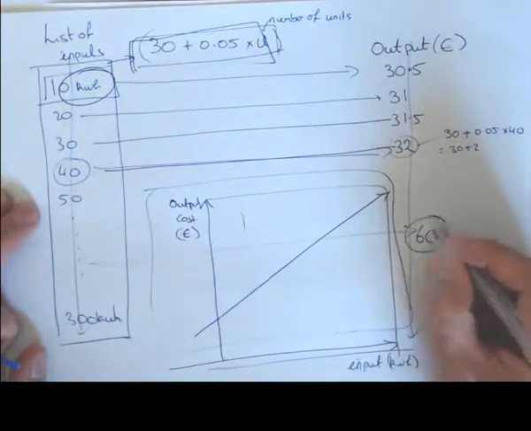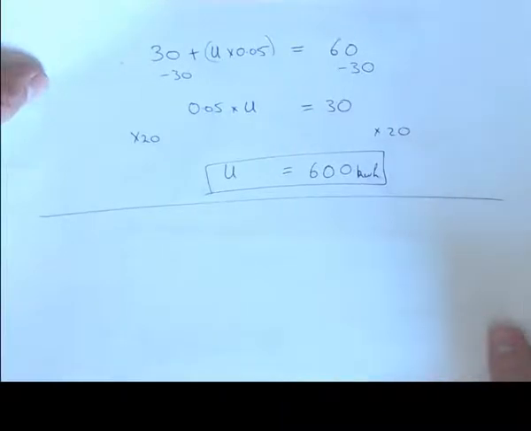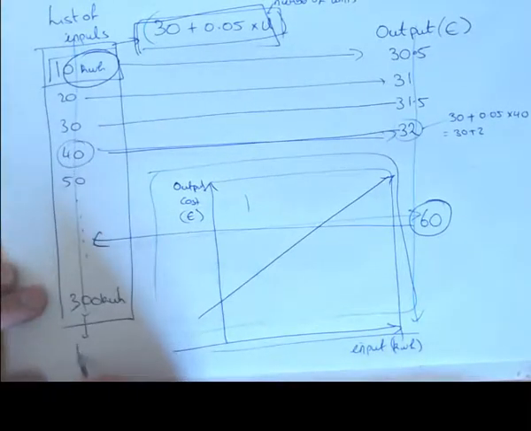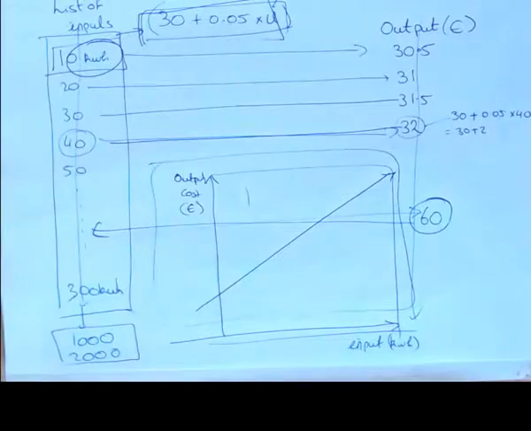We can look at the output 60 and say, okay, that means I can use 600 kilowatt hours. So maybe this isn't going to go up to 300, maybe it's going to go up to 1,000 or maybe 2,000.